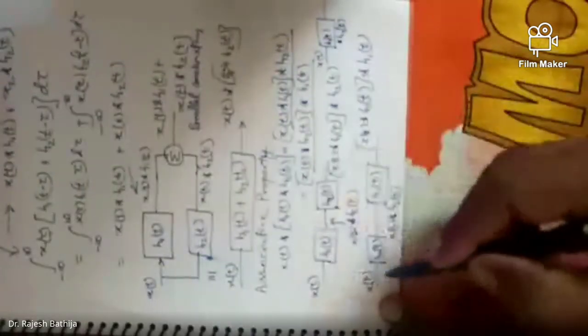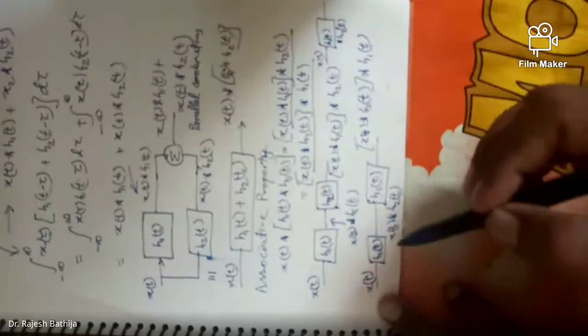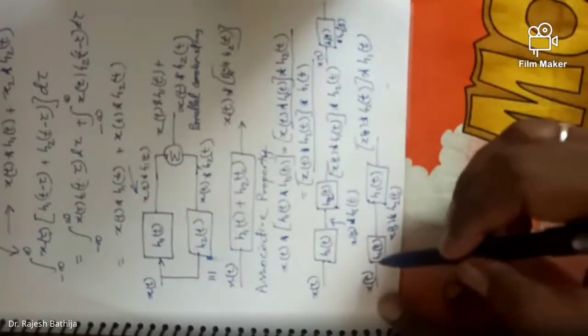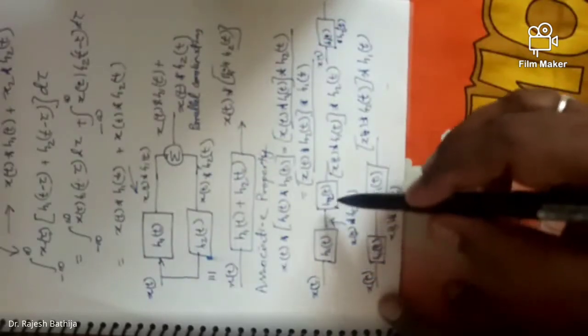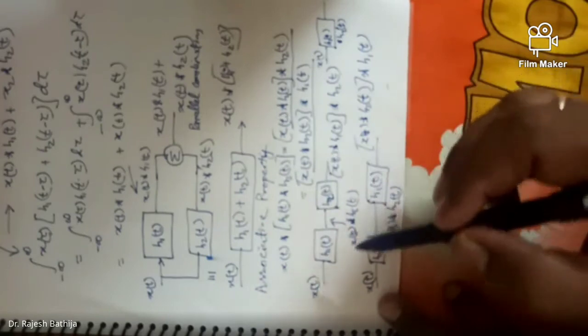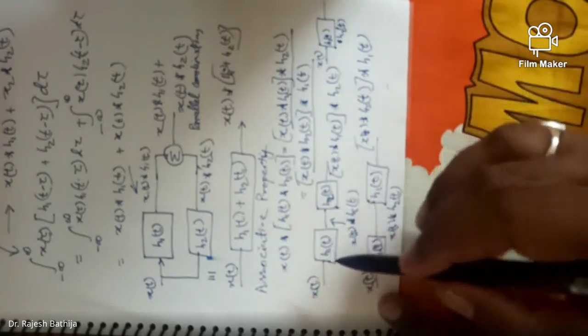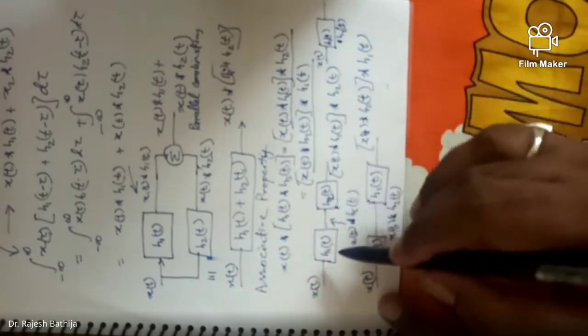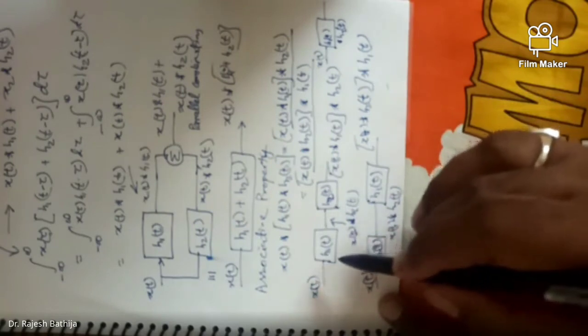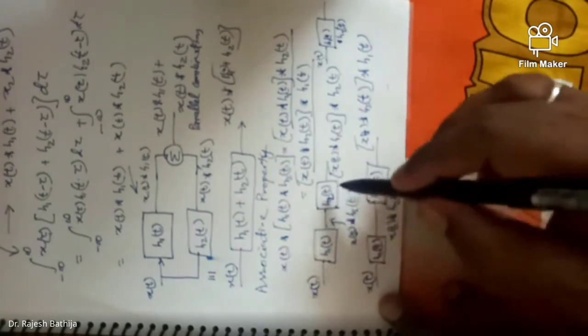It gives a very important concept about the LTI system. What it says is that if I connect LTI systems in cascade, then it doesn't matter how I connect the first system to the second system.